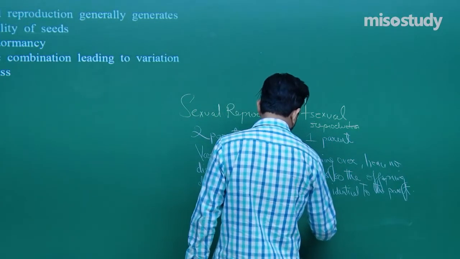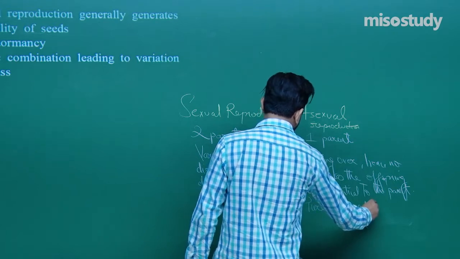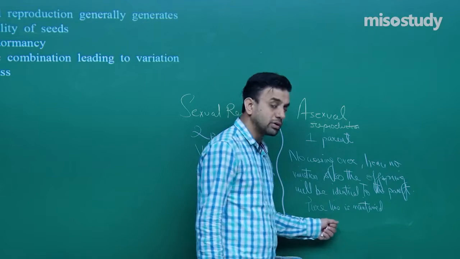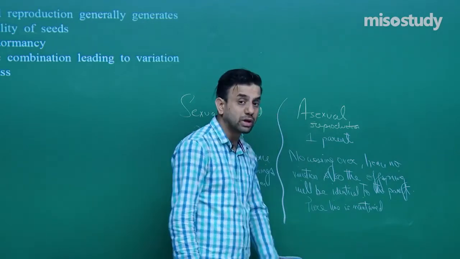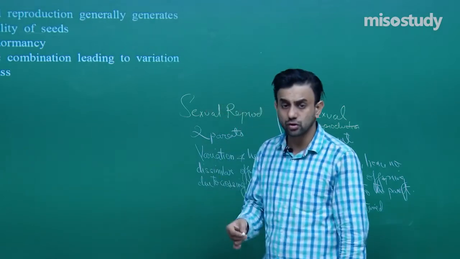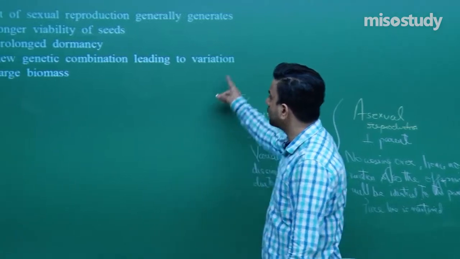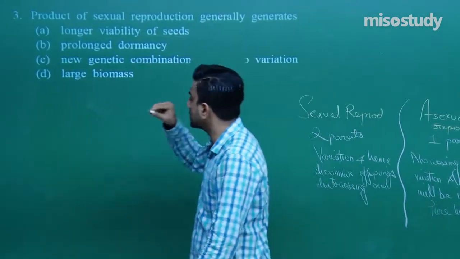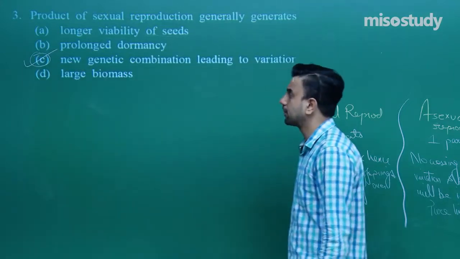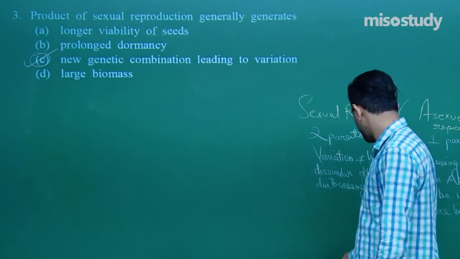So if there is a disease, it will be carried on. Asexual reproduction is therefore more dangerous compared to sexual reproduction, where because of crossing over the disease can be wiped out. So new genetic combination leading to variation is the correct answer, because of sexual reproduction. We move on to the next question.